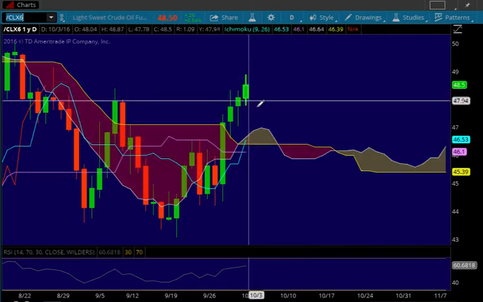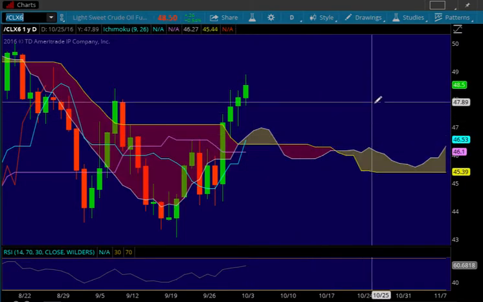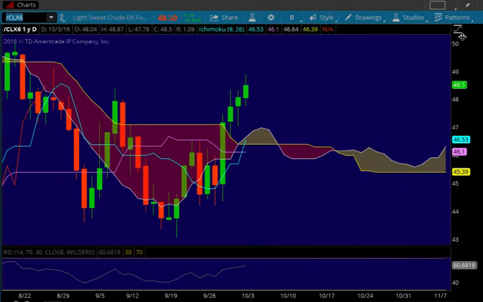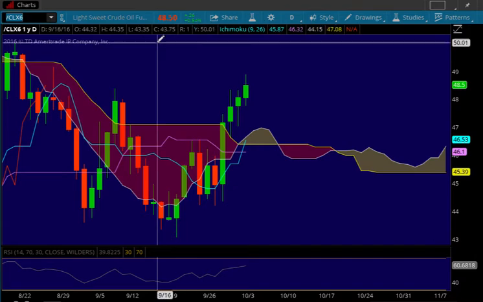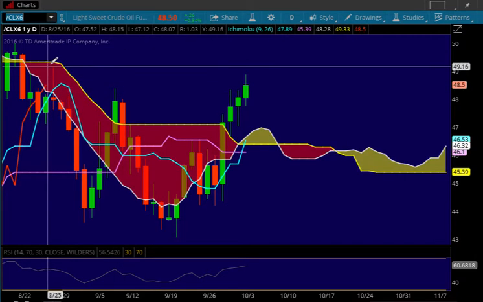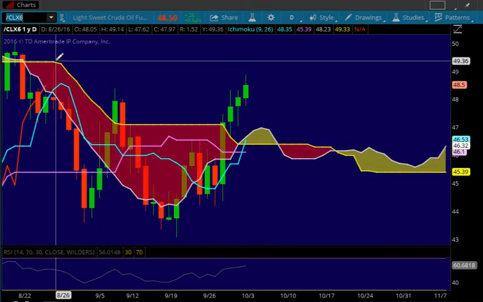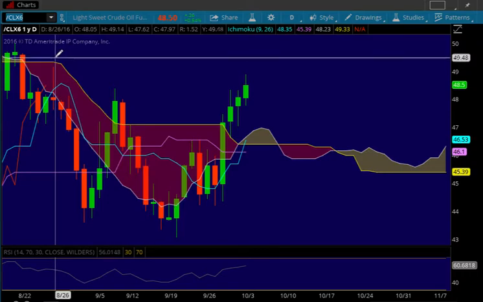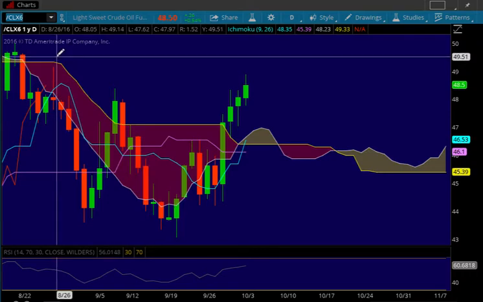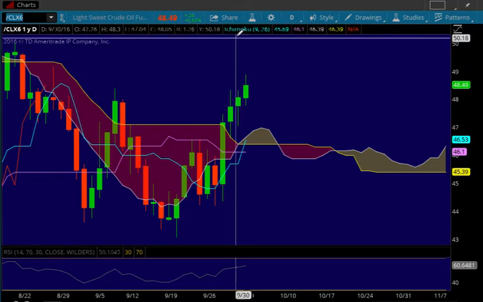So we could possibly chop around for the rest of the month and then move higher. That's a possible scenario. Or we could trade up to this area around 49.25, 49.50, and then pause. That's also a possible scenario.